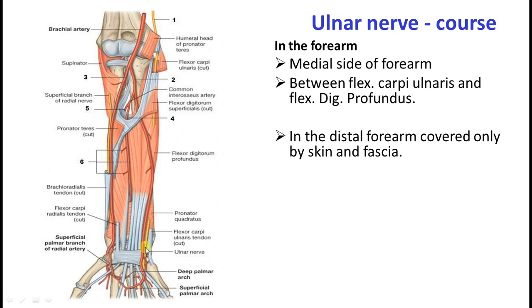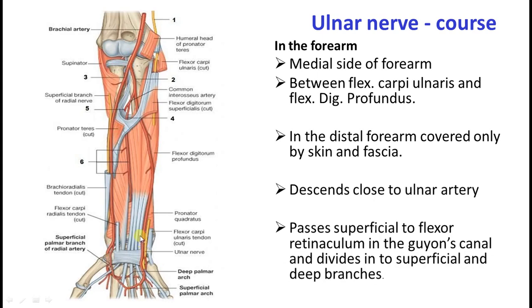In the lower part of the forearm, it becomes superficial and definitely it passes above the flexor retinaculum along with the ulnar artery. Okay, so along with the ulnar artery it passes superficial to the flexor retinaculum, in the Guyon's canal. So again Guyon's canal we have described, but I will repeat once again.